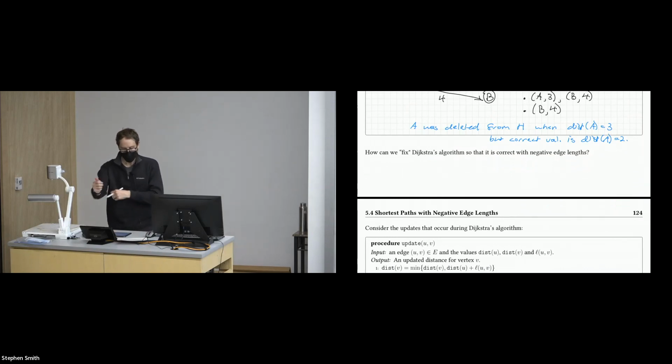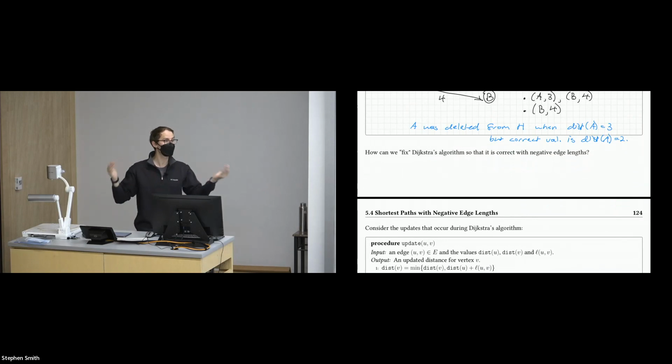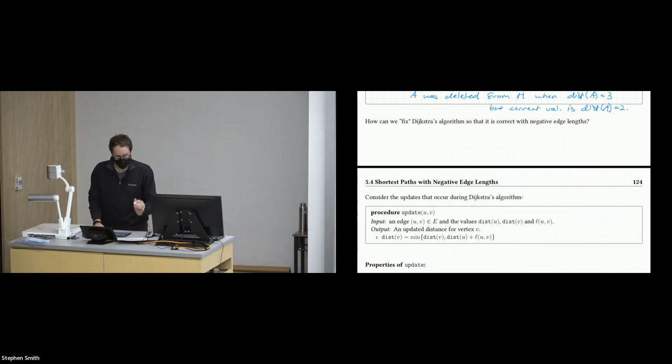So how do we fix Dijkstra's algorithm? The truth is there's no easy fix. We need to do something different. And the core thing that happens in Dijkstra's algorithm is these updates.